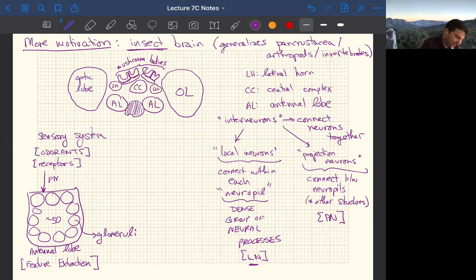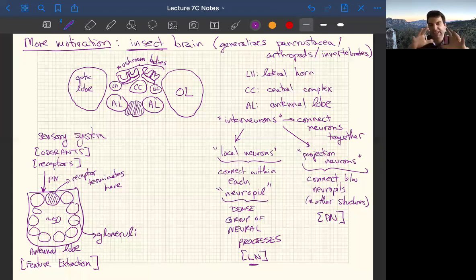Each one of these glomeruli is tied to a receptor, so the receptor terminates here. If you puff a whiff of coffee across the antenna of a bee, with its head open, which you can do, and look down at these antennal lobes, a bunch of these glomeruli would light up using this special chemical, and many of them wouldn't.